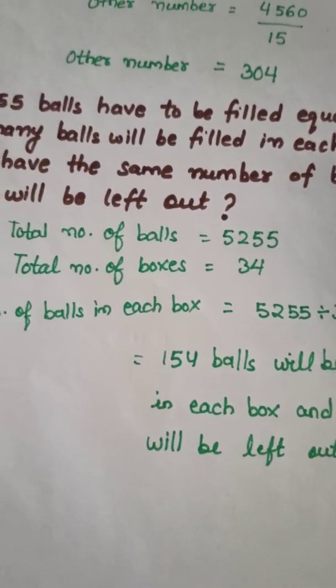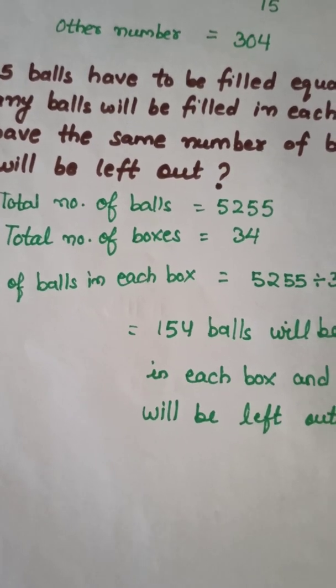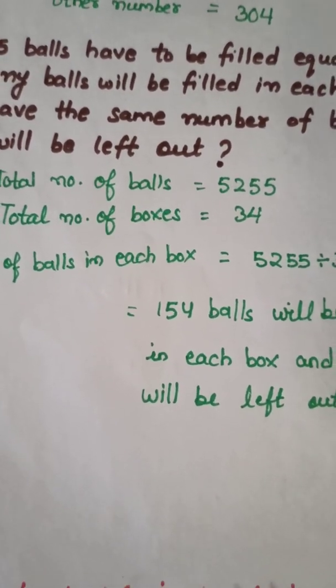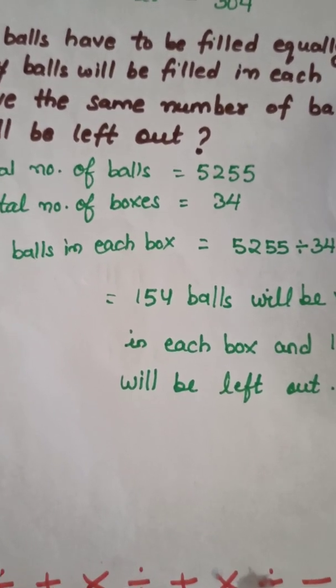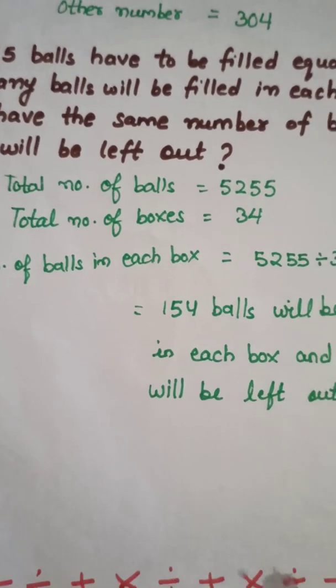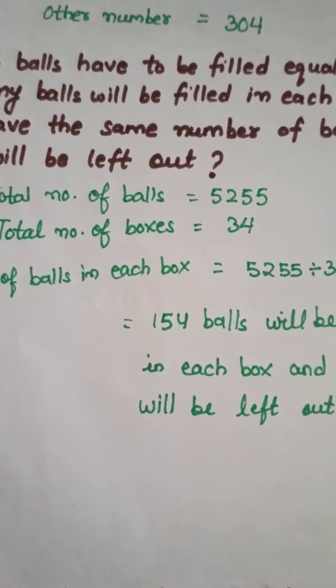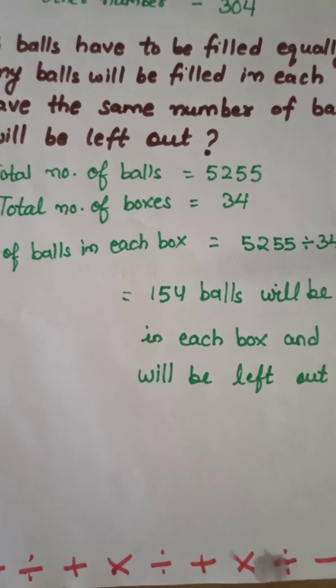What we need to tell in the question is how many balls will be in each box, and then after calculating it, we also have to tell how many balls will be left out.